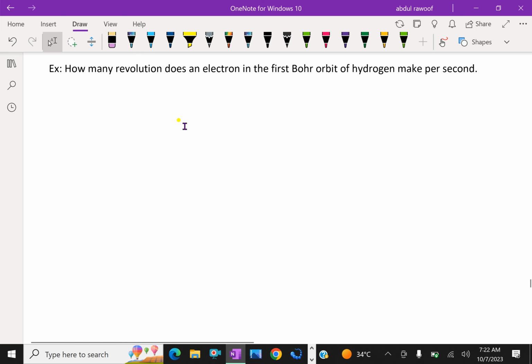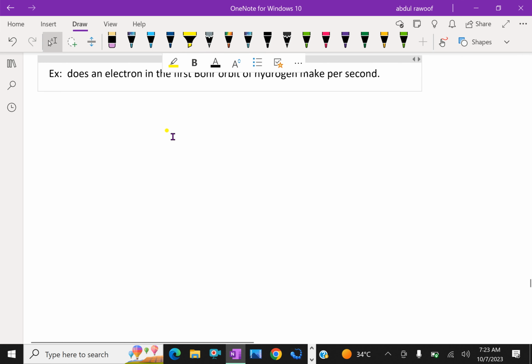That is how many revolutions, that's called orbital frequency.